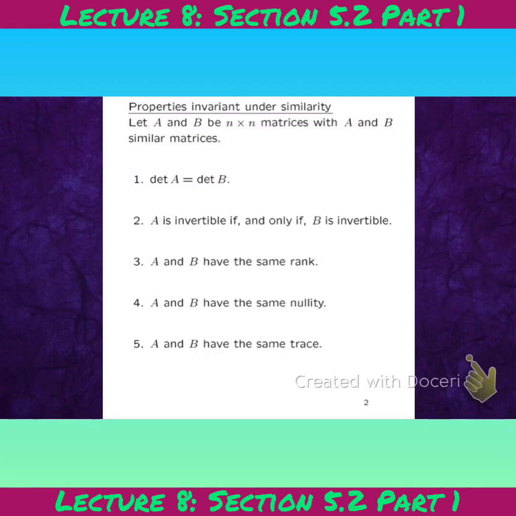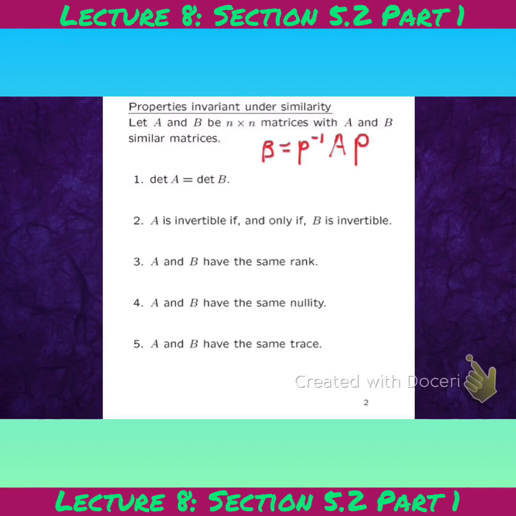So if B is similar to A, in other words, we can find a matrix P such that B is P inverse AP, then under this similarity transformation, there are some properties of A that stay the same after we've applied this operation to get B. In other words, B will have the same properties as A, for specific types of properties which we are going to look at now.